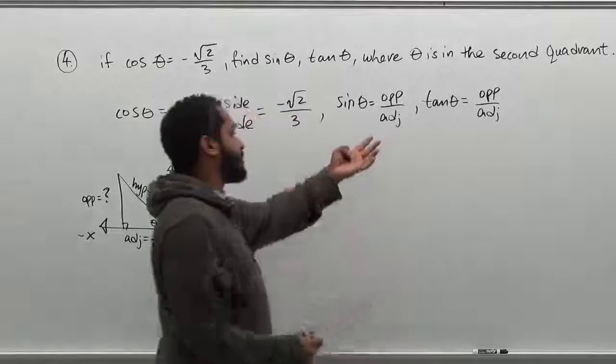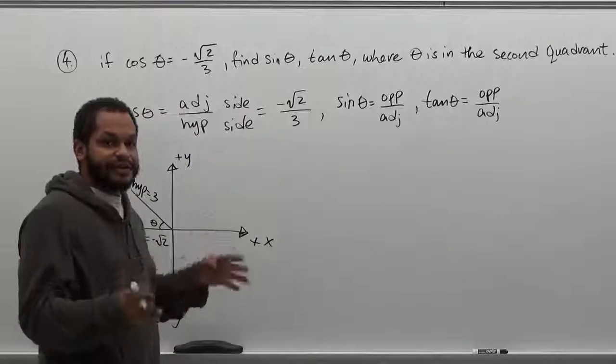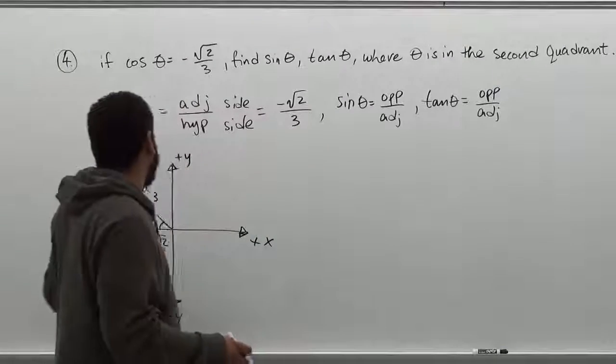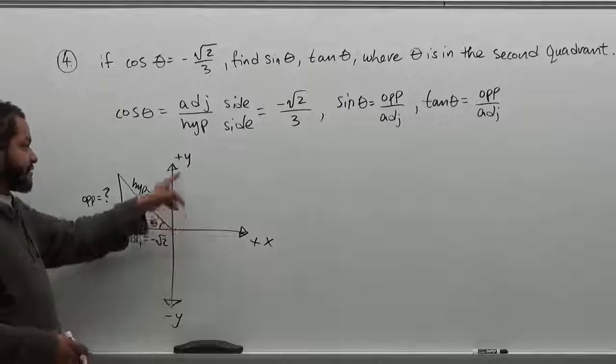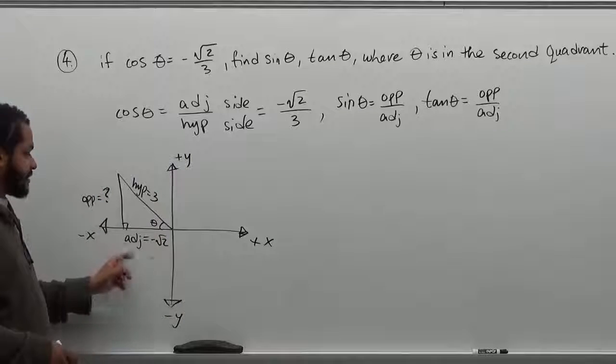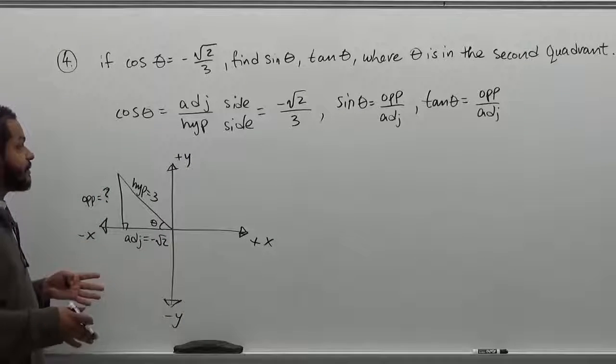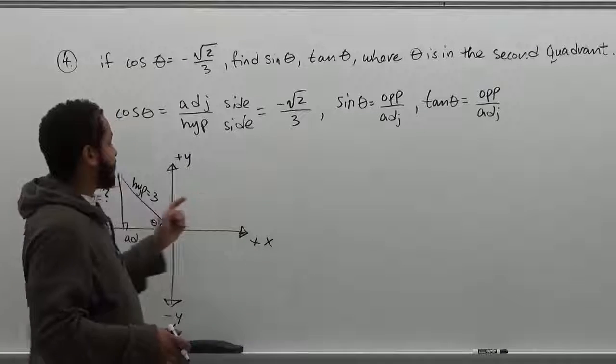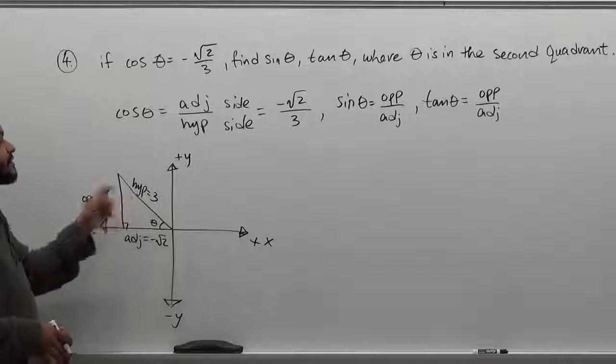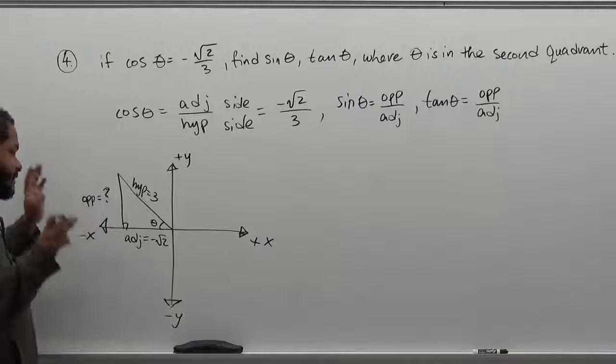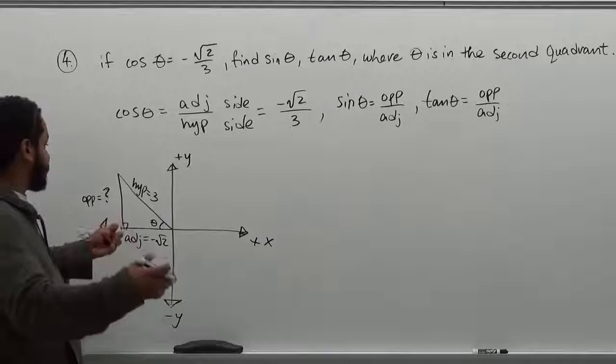And once we discover these sides, these two are going to be very easy to quantify. Now we know here that the opposite side has to be positive because the y value is positive. So we know the adjacent side is the only negative side. We also know sine is positive in the second quadrant, while tangent is negative. So we'll see how that works in a second based on what you know about trigonometry.